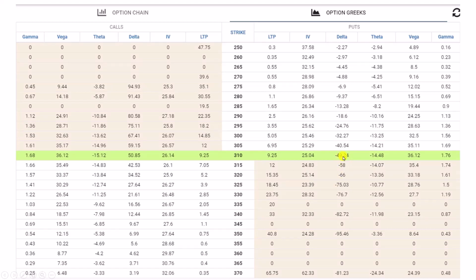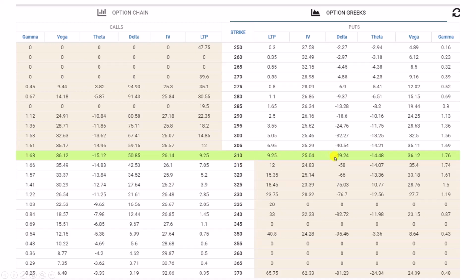Now, the delta values of put options are negative because these are given considering a unit increase in the underlying asset's price. Meaning, how much will the option value change if the underlying moves from 310 to 311?